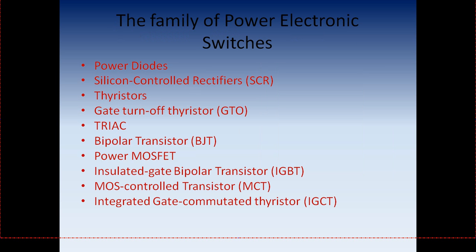In subsequent lectures, we will try to understand the physical characteristics of each of these devices and see how we can apply these devices to create schemes so that we can control power.